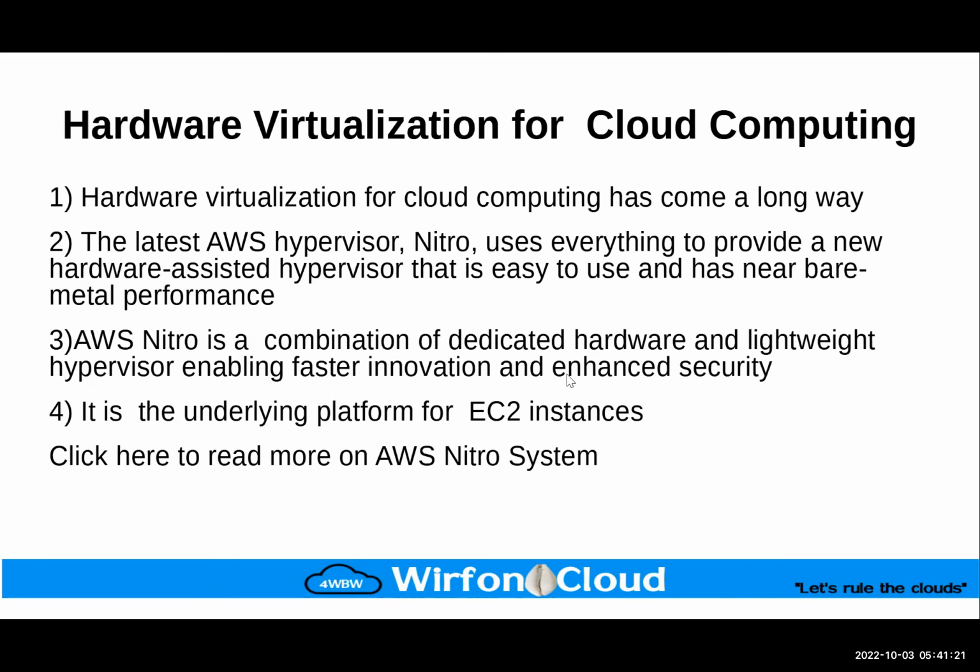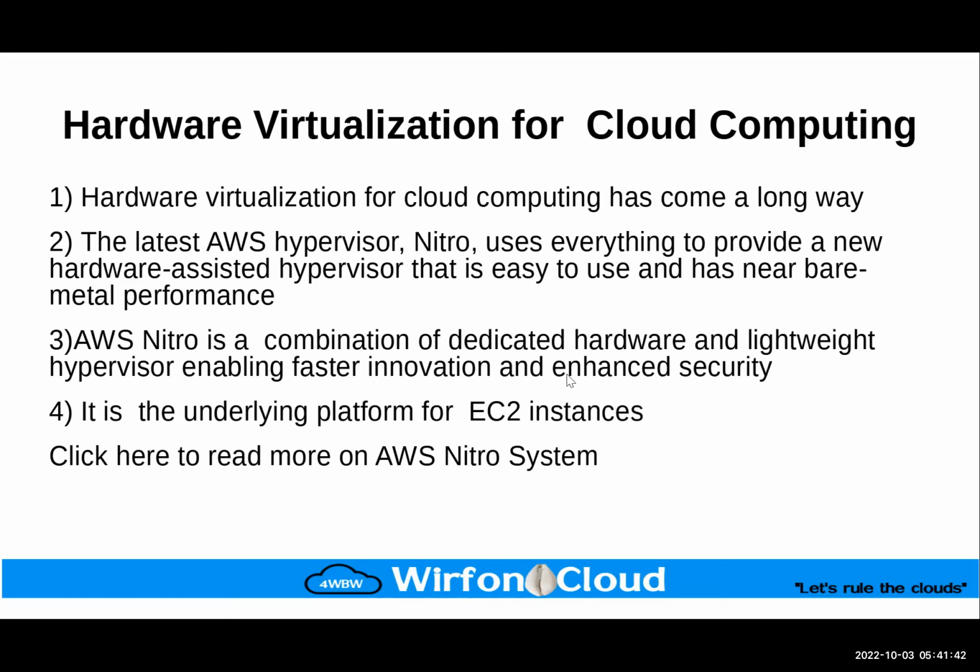So hardware virtualization for cloud computing, as I mentioned, has come a long way. And as I was reading, it was already there in the 60s, but as cloud computing became popular and the technology improved, I think it became more and more used around the 2000s.